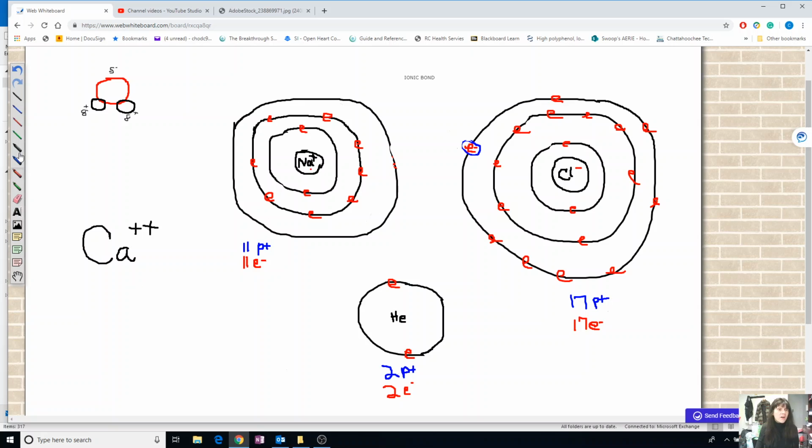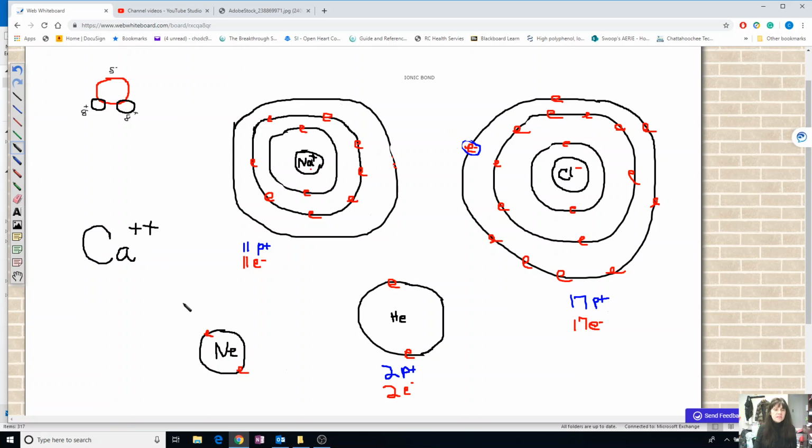If I draw out neon, neon had an atomic number of 10, right? So its first energy shell will have 2 electrons. There's 1, there's 2.